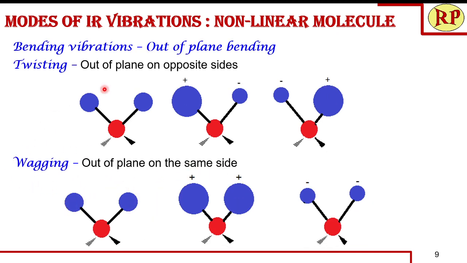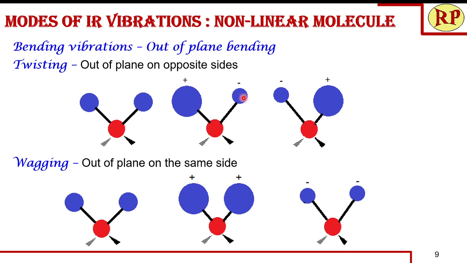But an interesting concept is out-of-plane bending. That is, you assume that all the three atoms are placed on the plane. When it absorbs IR radiation, the center atom is always on the paper itself. You assume that the center atom is always on the paper, that is the red ball. But the blue balls, if one side is coming above the paper, the other ball is going below the paper.